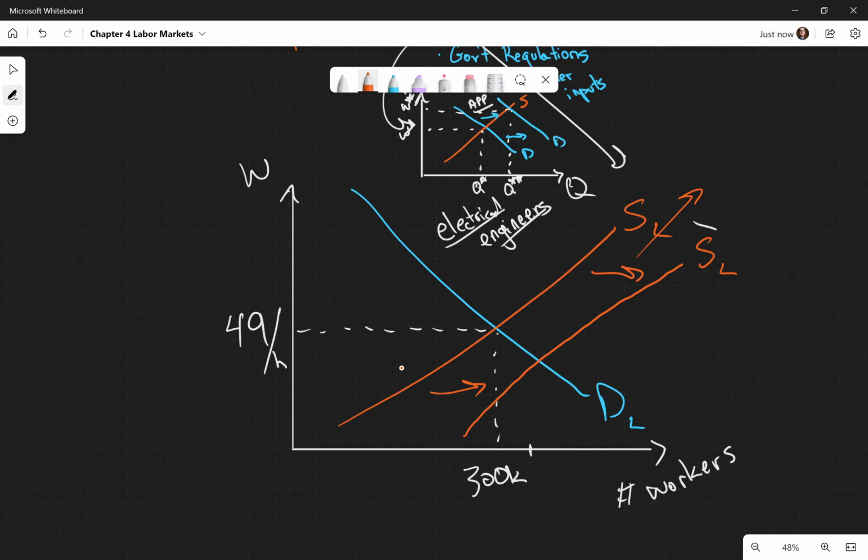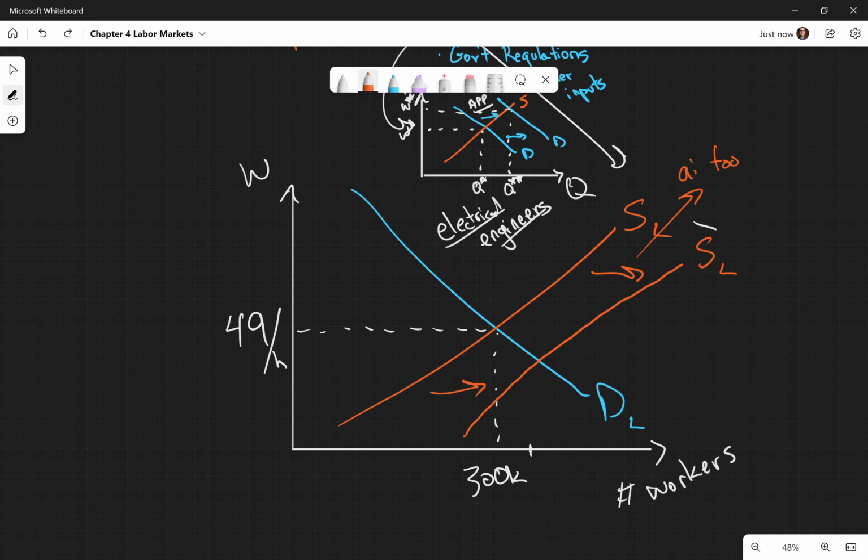For electrical engineers, there's a lot of education that's required, right? So maybe as a result of AI tools to help these electrical engineers study and actually complete their engineering degree, there's going to be an increase in the number of electrical engineers that are available and willing to work, right? So remember, the supply has to do with us, with households selling our time and energy.